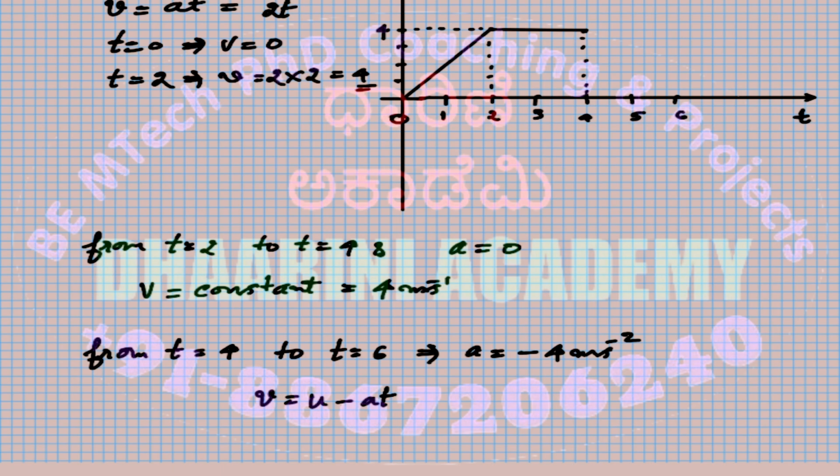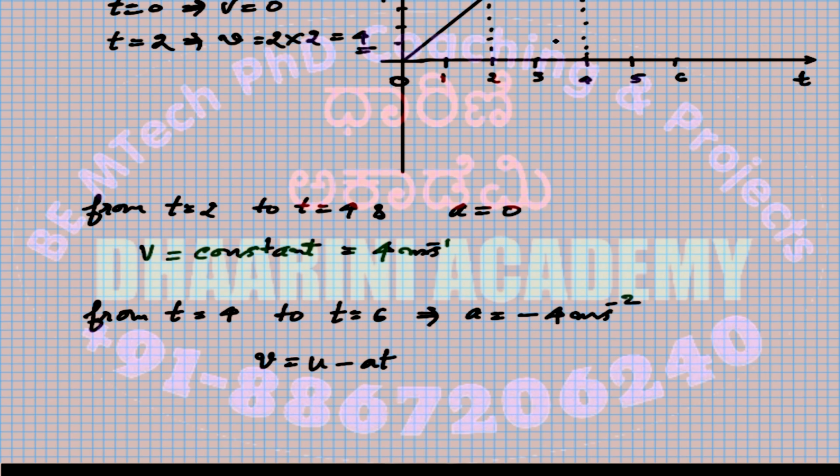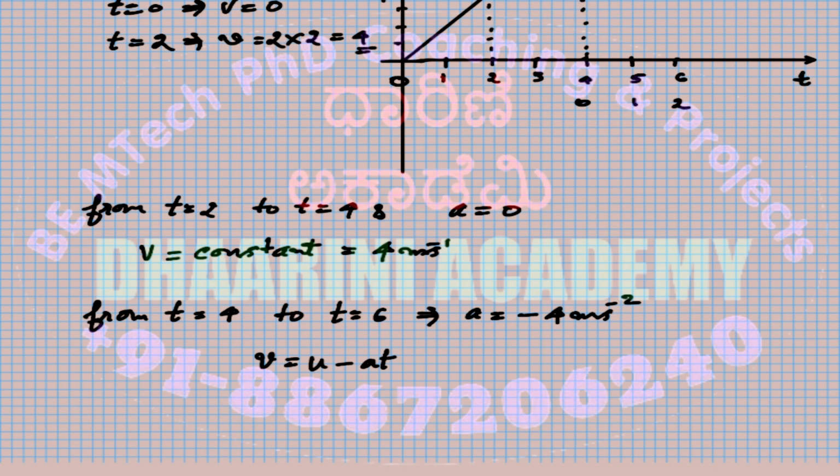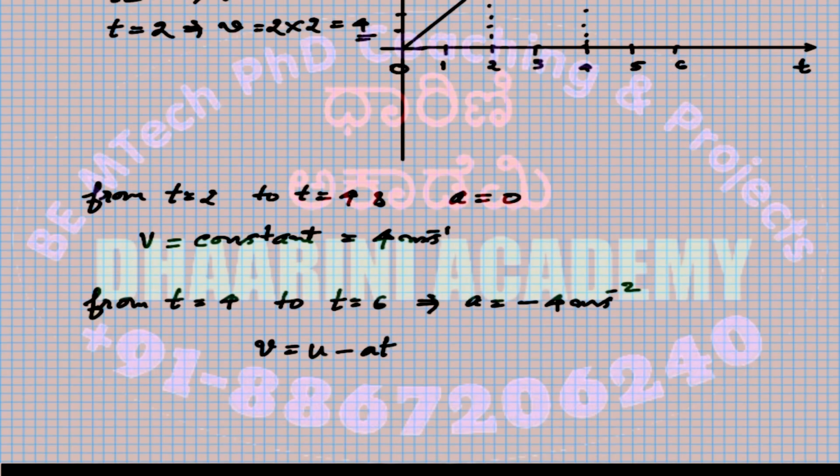Now this motion begins, initial value of the velocity is 4. For my calculation the time is 0 at the start, because the motion begins at this point. So relative timing has to be considered. It's not that this motion starts at 0 and goes till 6 seconds. It starts at 4, ends at 6, so the time has to be considered as only 2 seconds.